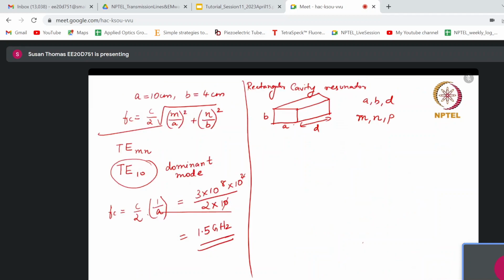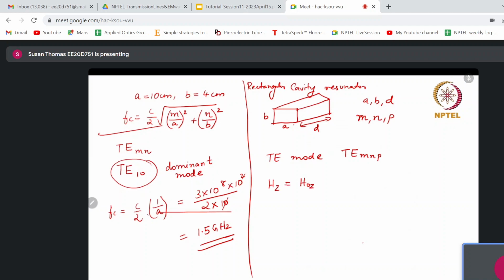So to make it more clear, if you look at the equations for TE and TM modes, in case of TE mode, say TEMNP, what is HZ?